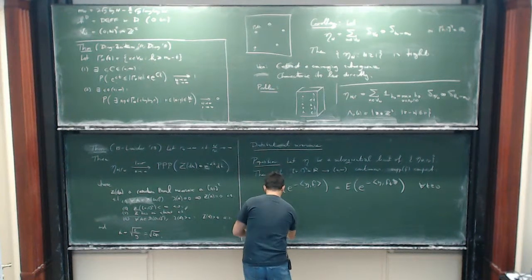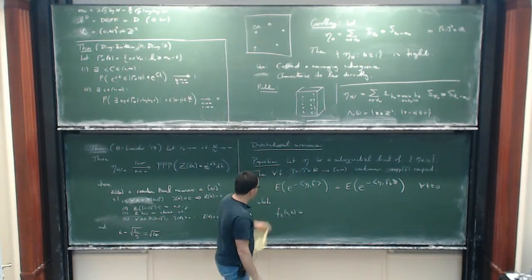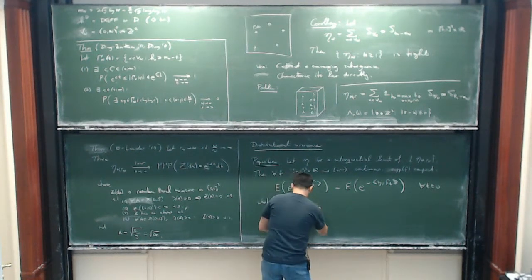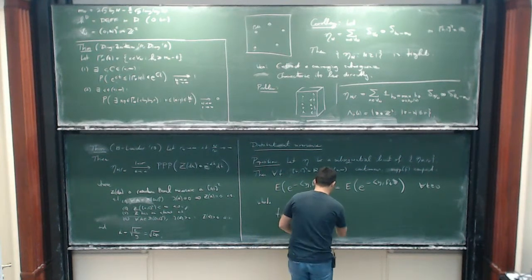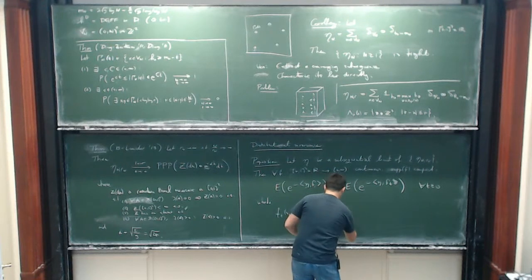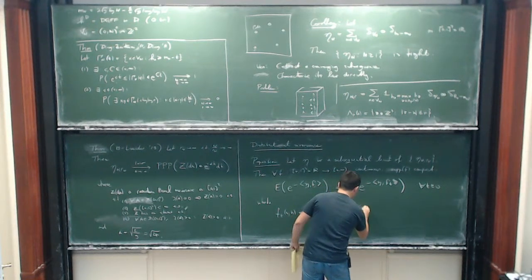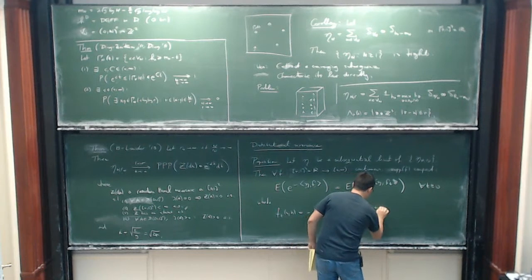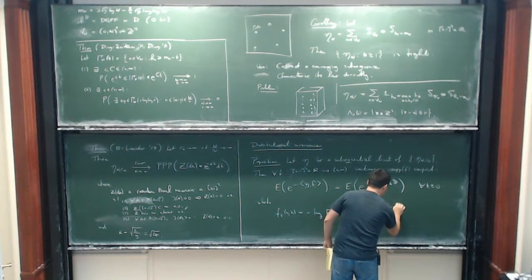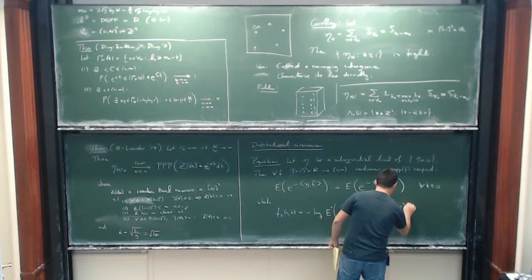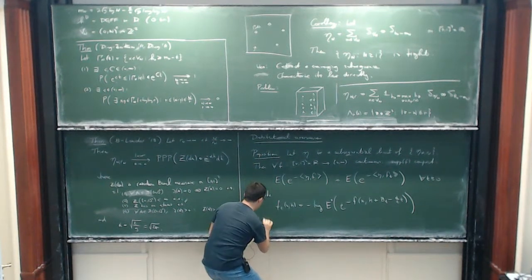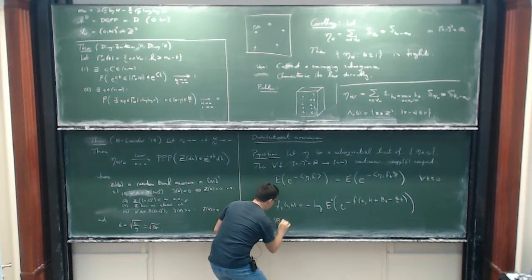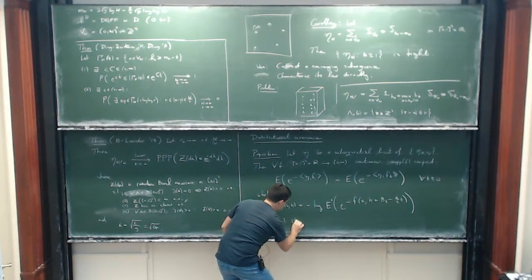f_t of x and h, so these are functions of two variables, the position and h, is minus the logarithm of the expectation, started from 0, of e to the minus f of x and then h plus B_t minus alpha over 2 t, with B_t a standard Brownian motion.